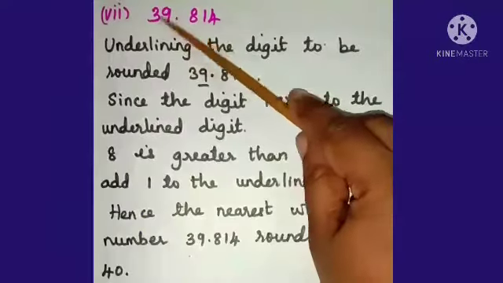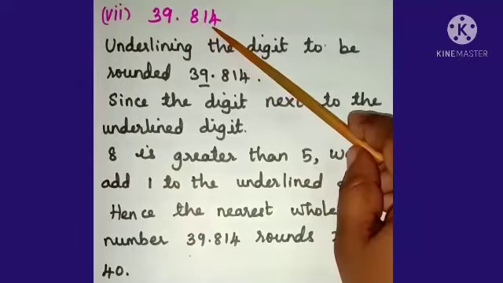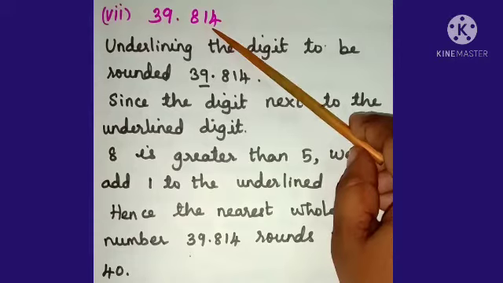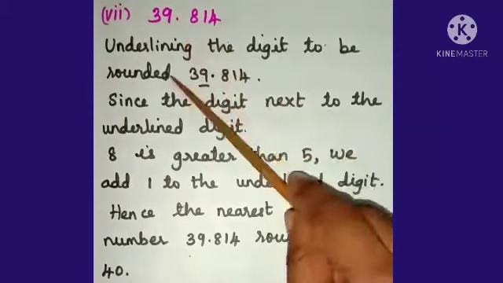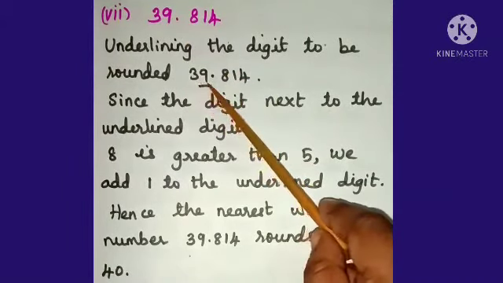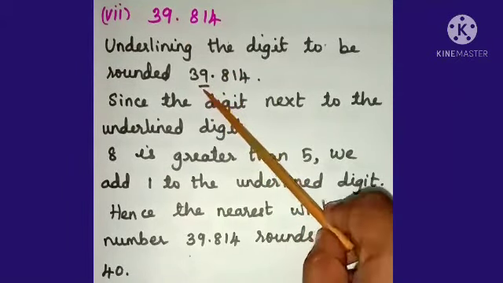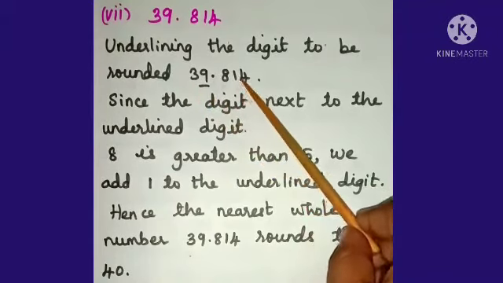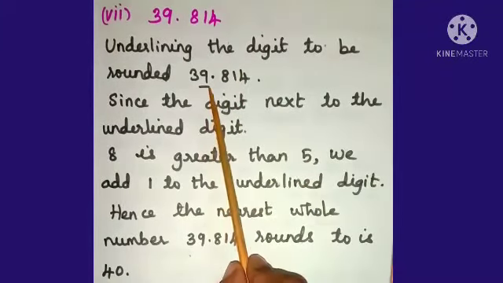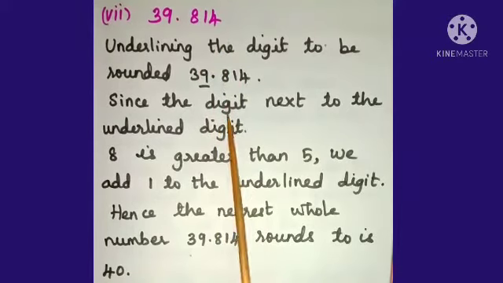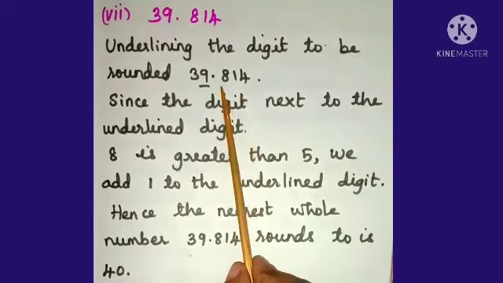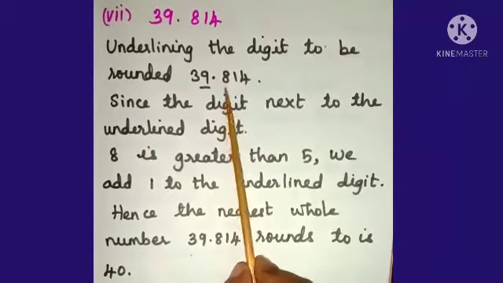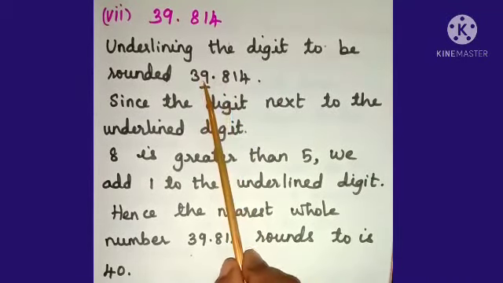Now see the decimal number 39.814. So here round the decimal number to the nearest whole number. So first step, we have to underline the digit to be rounded. So here 9 is to be rounded. 39.814, underline the digit 9. And after that, as our next step, look at the digit to the right of the underlined digit. Here 8 is the digit which is right of the underlined digit.